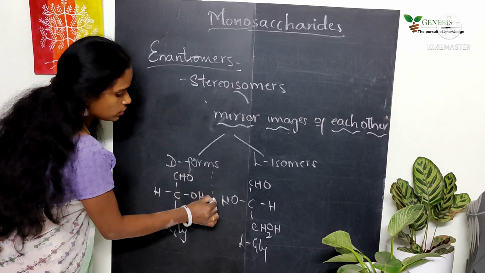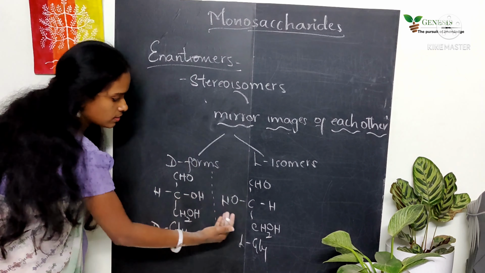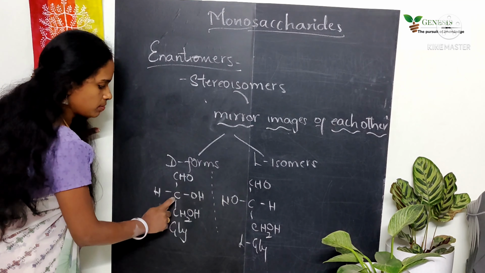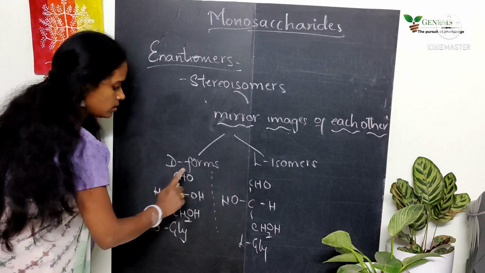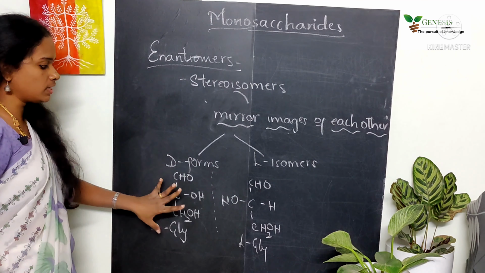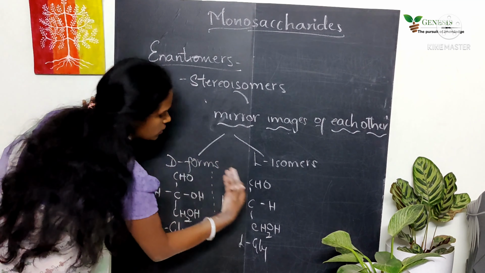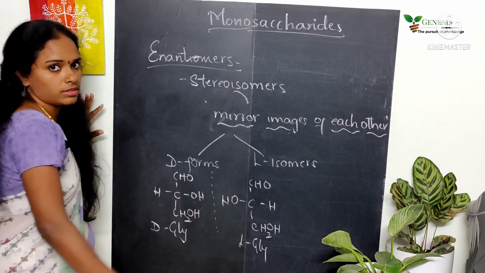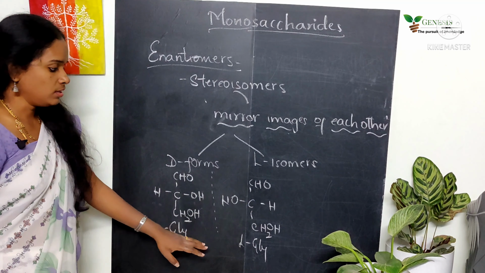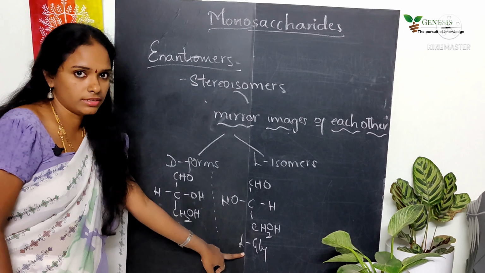For example, if we draw the line here, if we impose this structure here, we can see the same structure. This OH comes here, carbon comes here, hydrogen comes here. So if we impose this structure here, we get this structure. Again, if we impose this structure here, we get this one. So these two are mirror images of each other. So one is D-glyceraldehyde and another one is L-glyceraldehyde.